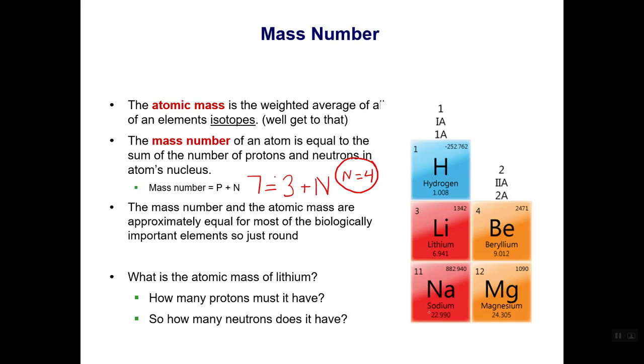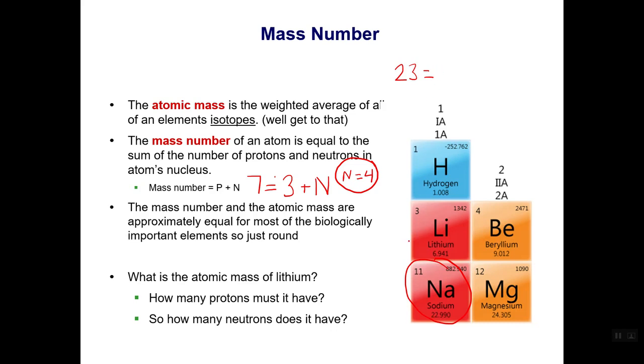Let's do another problem. If I were to ask you for the number of neutrons in sodium, how would you set that up? You would first round the atomic mass, which is 22.99. If you round it, then that is 23. 23 is equal to the number of protons plus the number of neutrons.